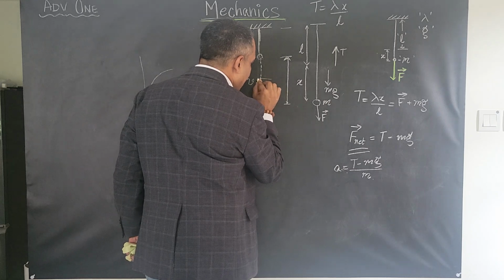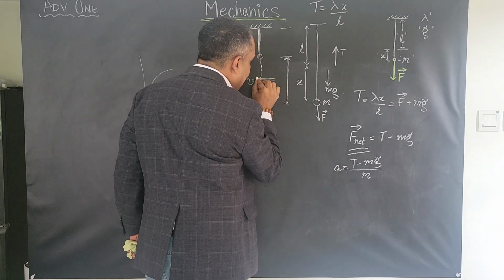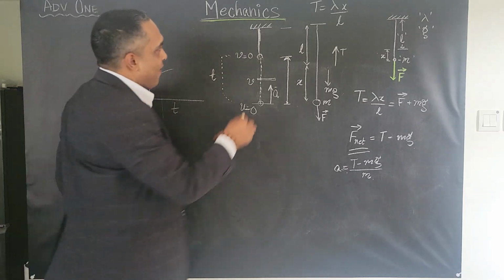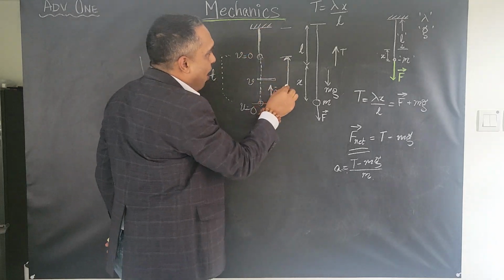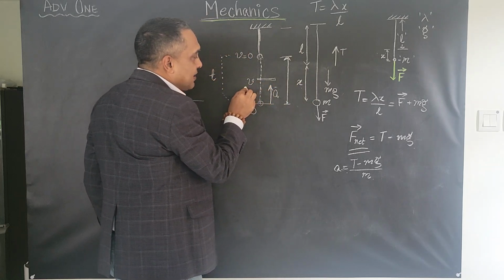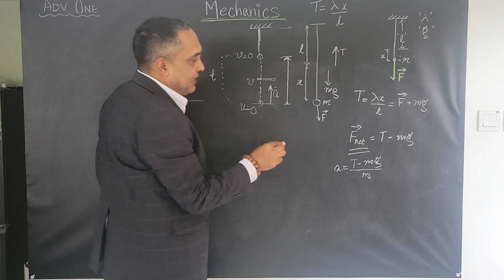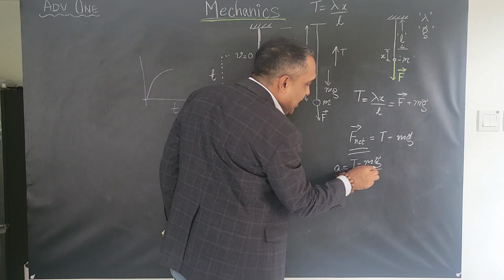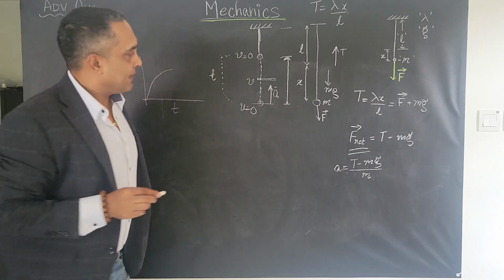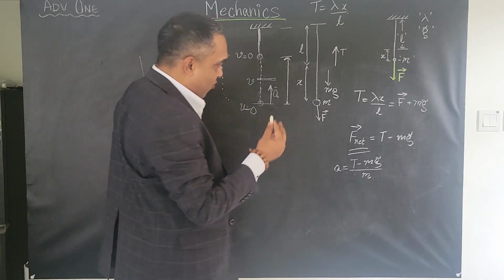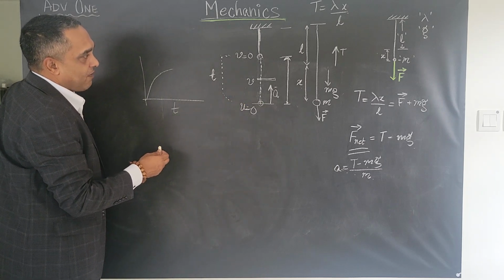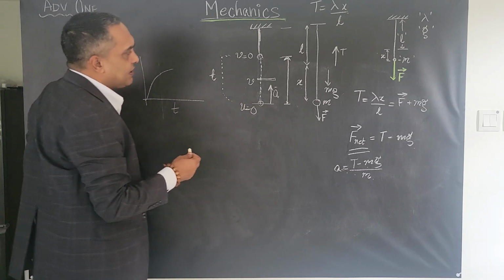So if you get a problem that says find at what distance from here, or at what extension, or what extended length does velocity become maximum, then that is the value where tension is equal to mg. You'll get your x and you'll know that's where you need to be. I'm going to let you work on these problems. I'm giving you the context for it and helping support the idea here, right? But you can take this several steps forward.